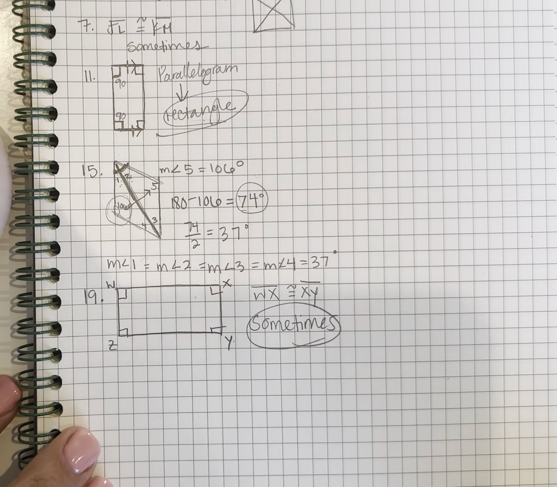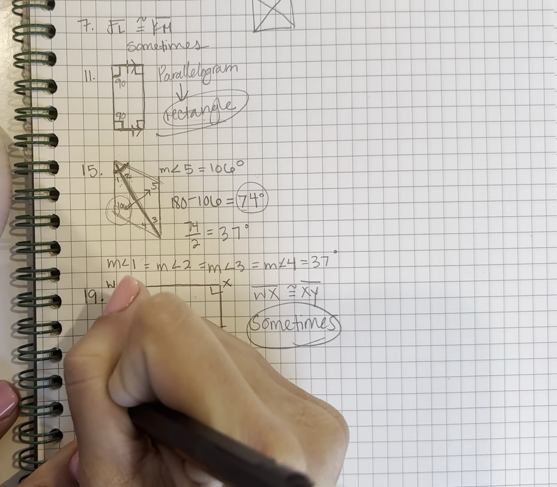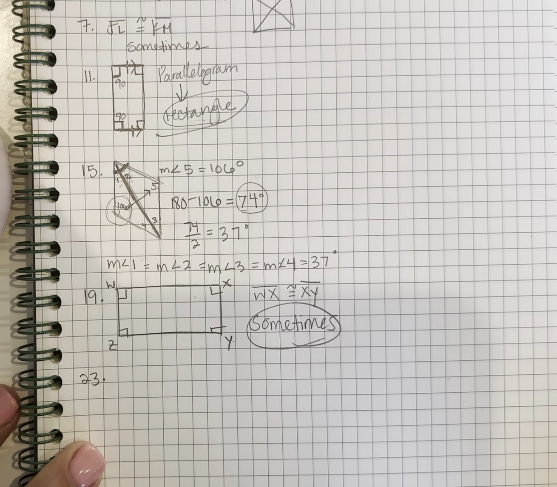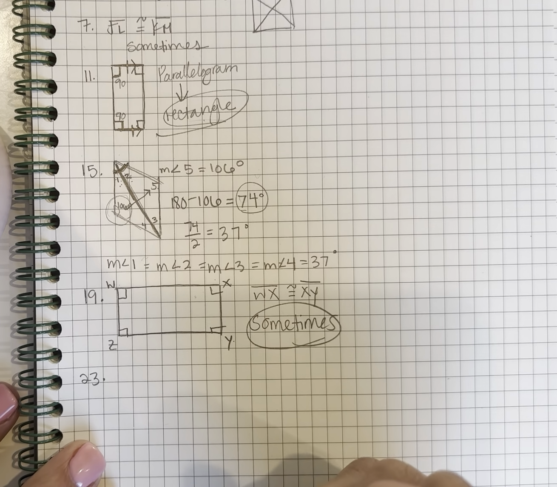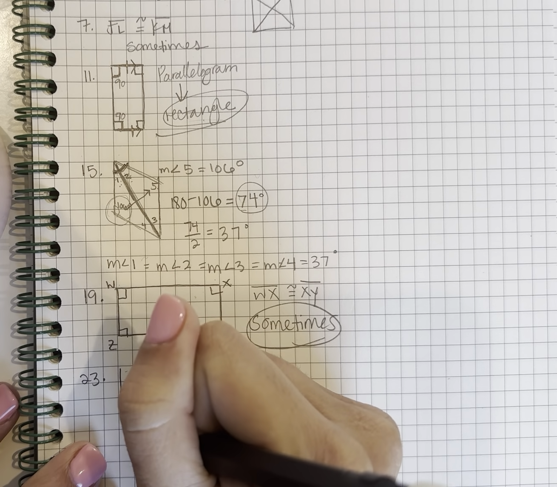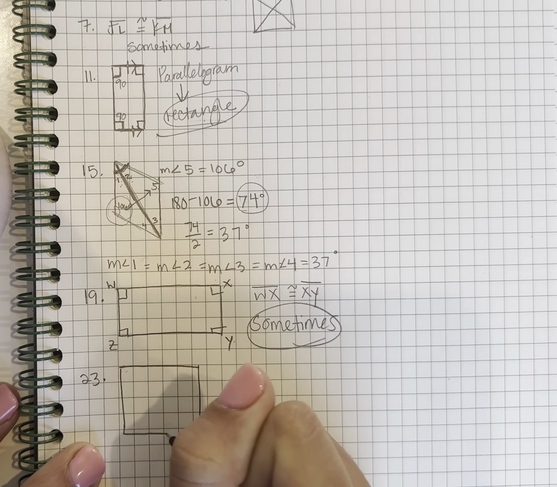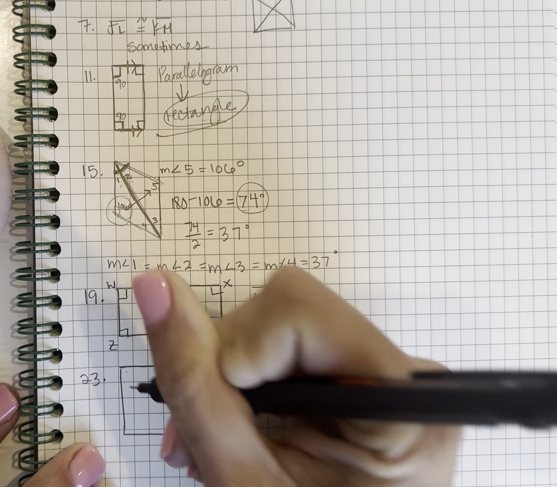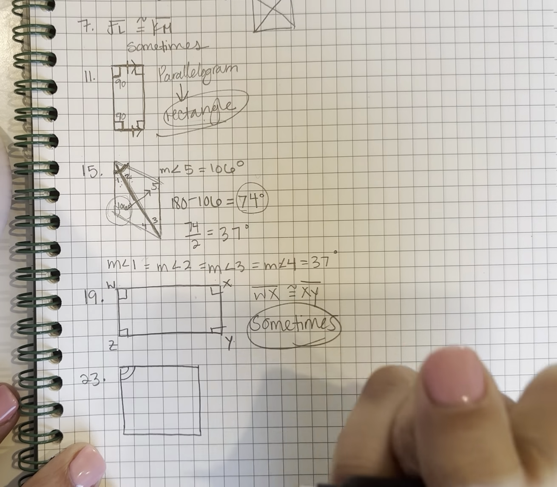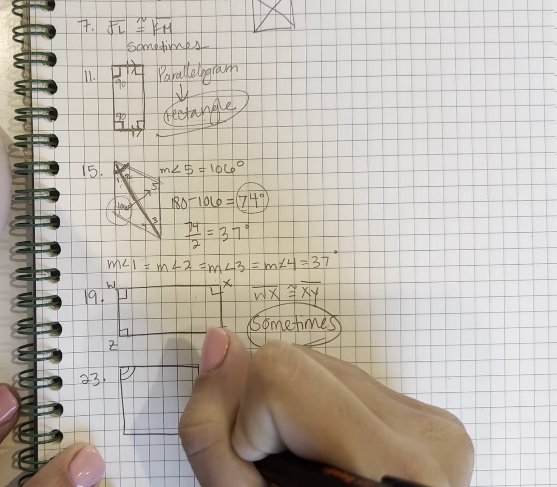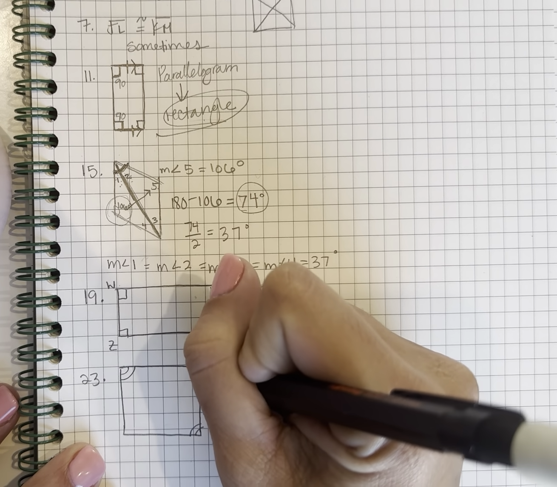Okay, skip 21, we're at 23. Ooh, determine whether the quadrilateral is a rectangle. So we don't even know if it's a parallelogram. They called it a quadrilateral. That's like no information whatsoever practically. But we have this.